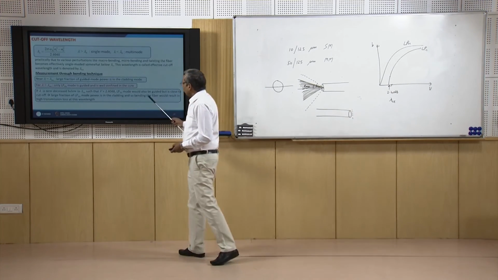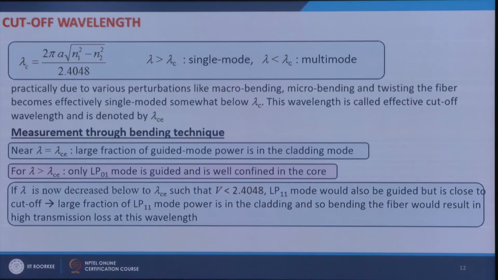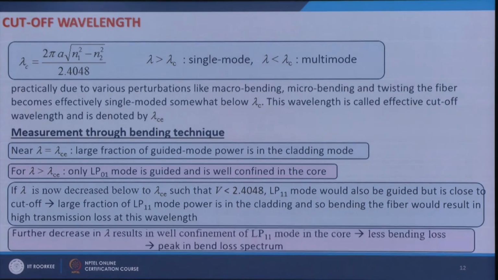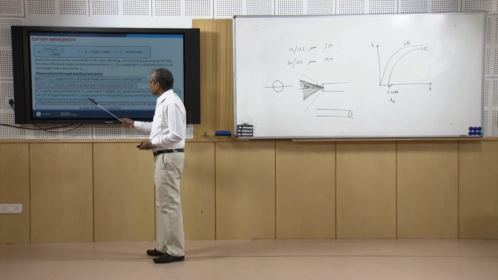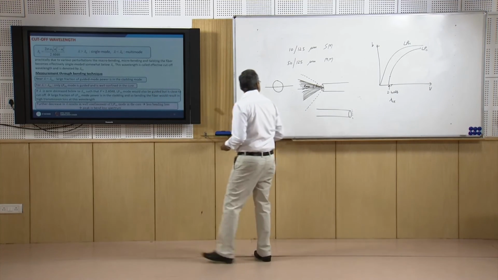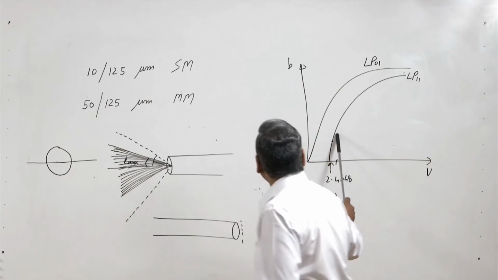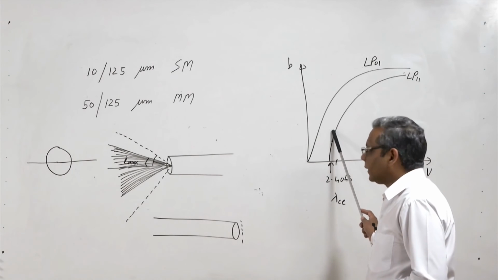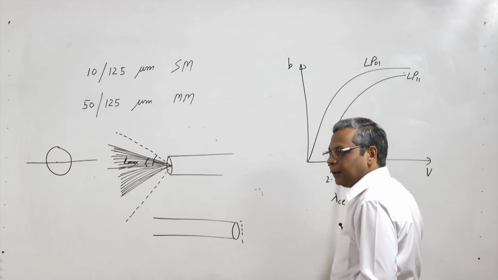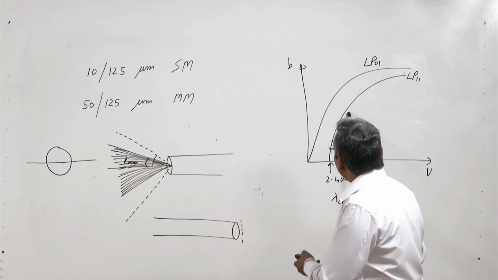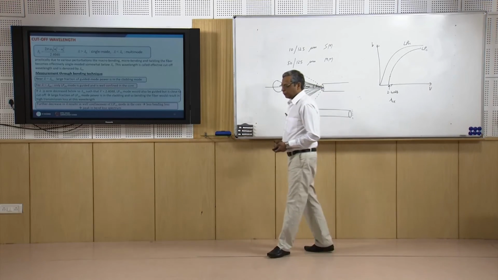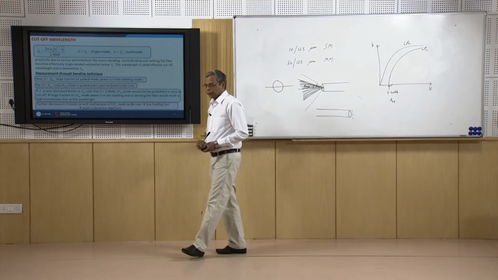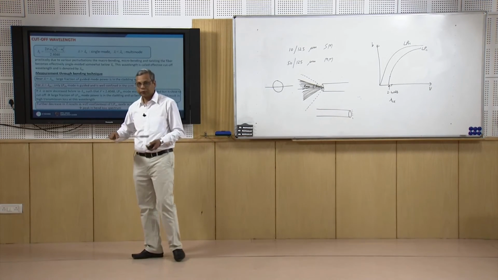So, if you now bend the fiber, then there would be high transmission loss at this wavelength. If you further decrease lambda, then this LP11 mode would be very well confined, and most of the power will now be confined in the core itself for the LP11 mode also. So, the bend loss will decrease.